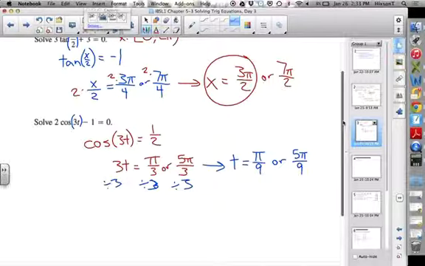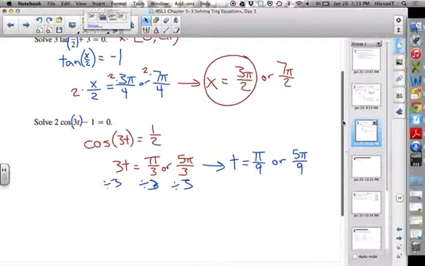So that's why you just look at the range that you want for your solution, and just give all the ones in there. Okay, are there any questions about that one? Okay.